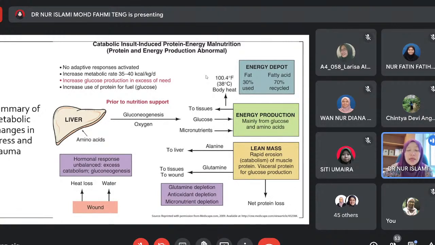Okay, so bila kita nak restore kembali kita punya peripheral protein mass, the body needs to deal with the surgical trauma and possible infection adequately. So that's why nutritional support, nutrition intake, proper support, and physical exercise as well, they are prerequisite to rebuild the peripheral protein mass or body cell mass.